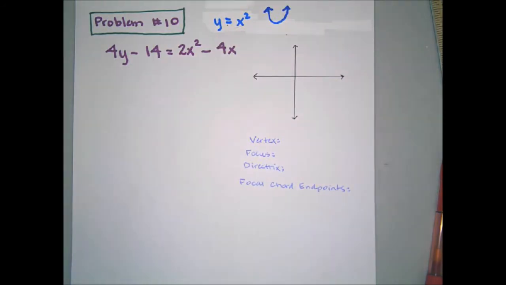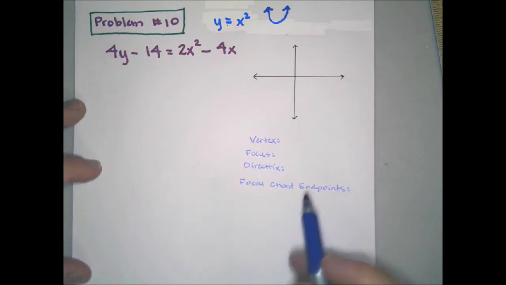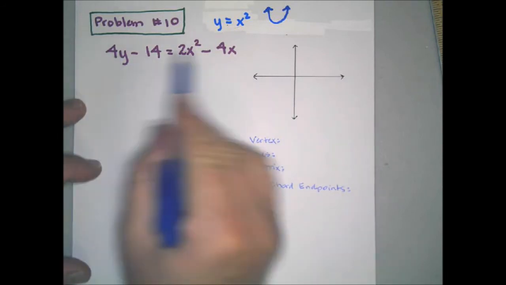But there's a lot I don't know. For instance, I can't look at this equation and figure out what the vertex is. And we all know what that means. When you can't do that, it means you're going to need to complete the square. So that's what we're going to do. We're going to start the process of completing the square.